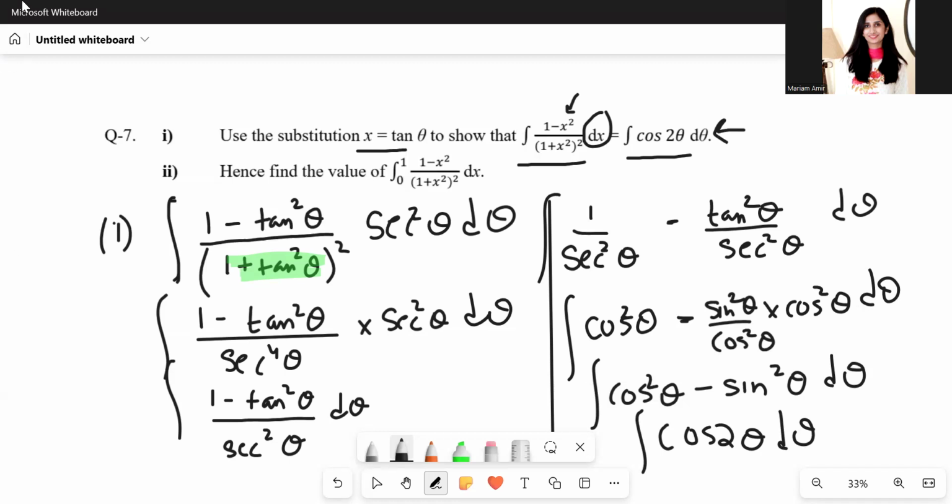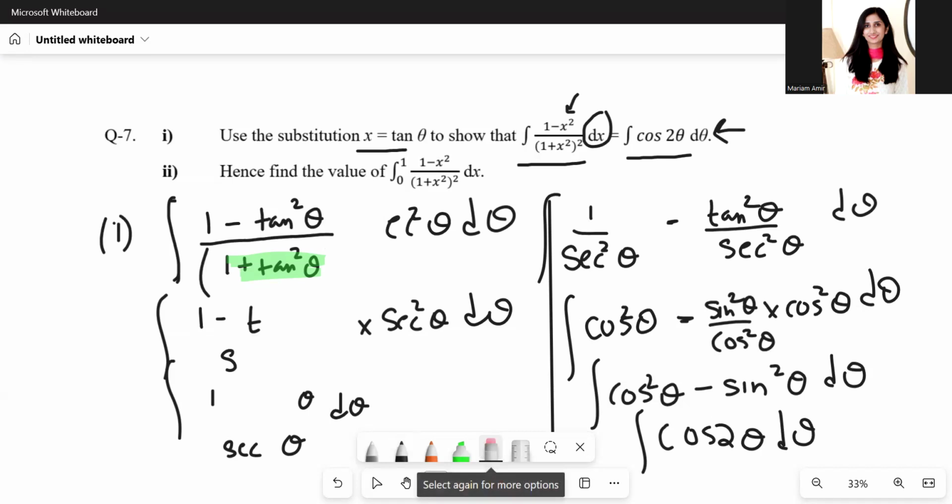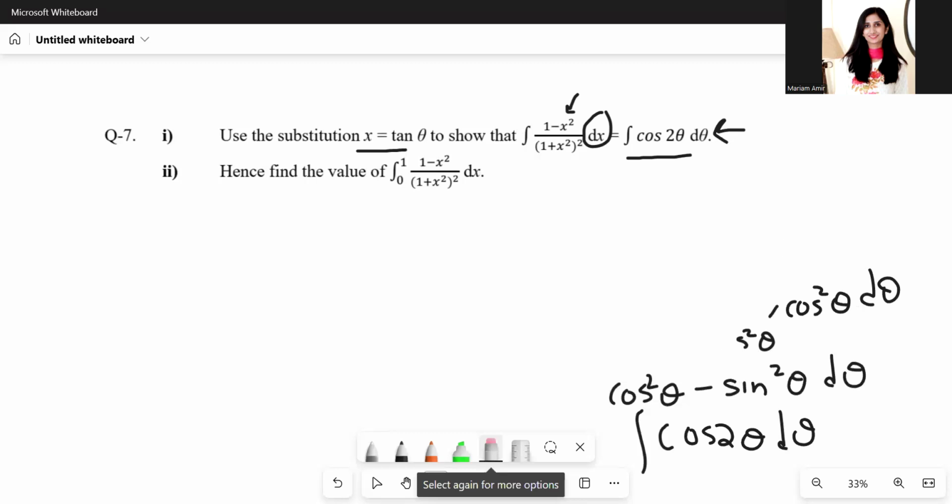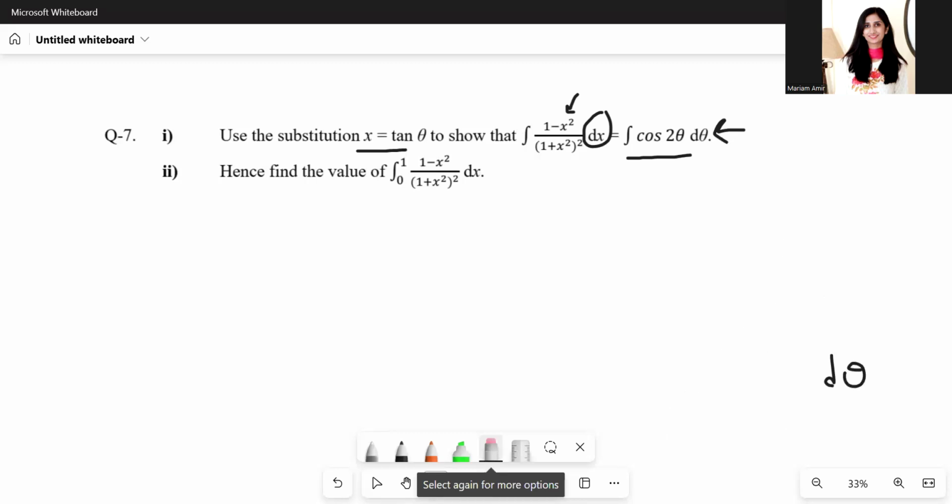Okay. Part 2 says, hence find the integration of this within the limits 1 to 0. All right. So before we start, the first thing we need to do is convert these values of x, 0 and 1 on the integration limits.